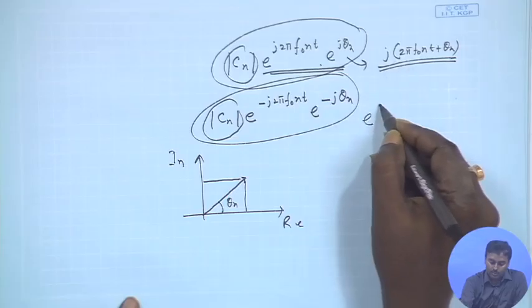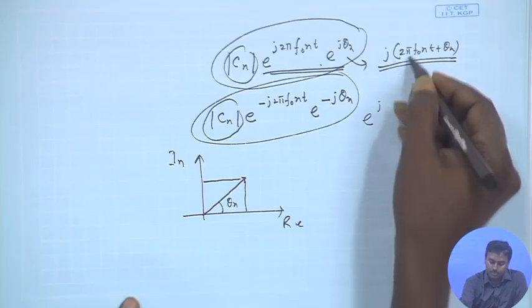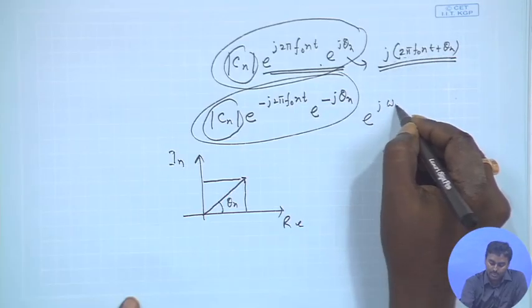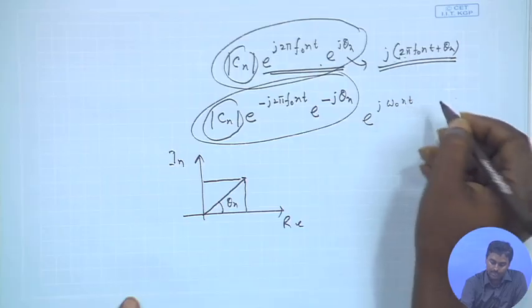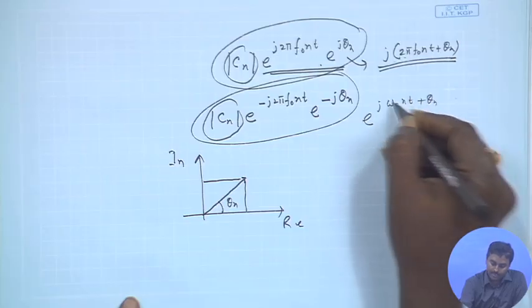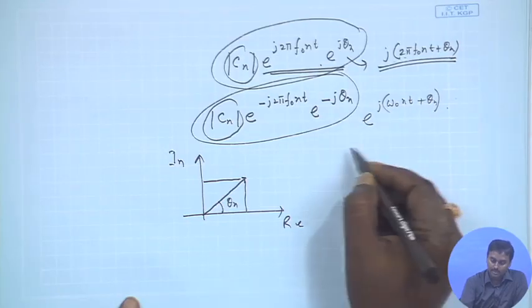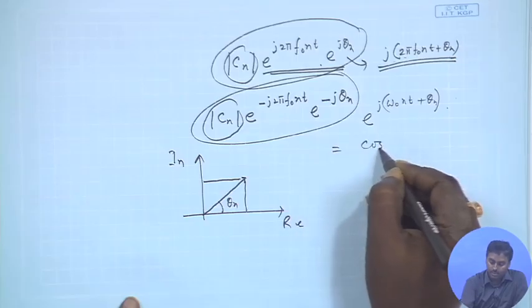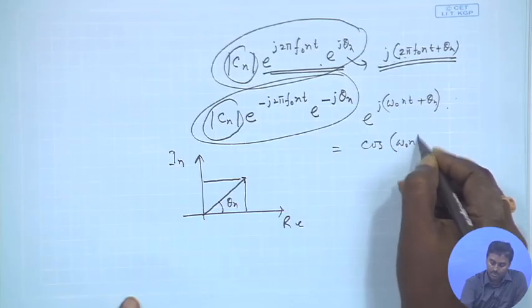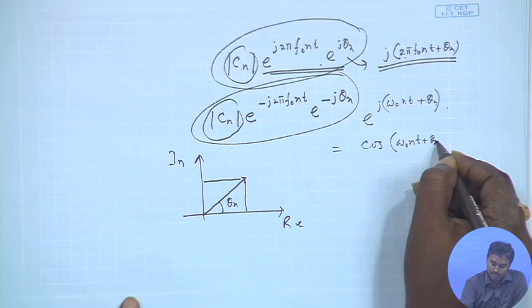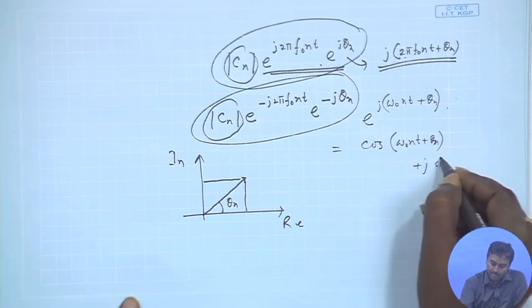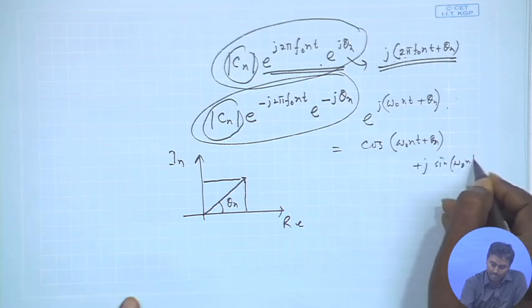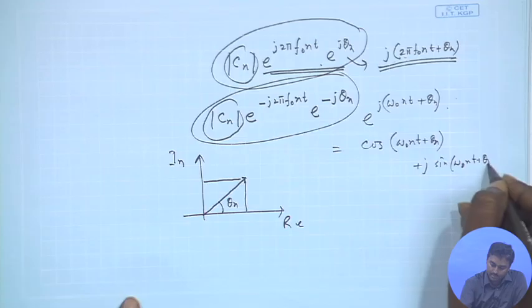Putting 2 pi f0 as omega 0, what does e to the power j (omega 0 nt plus theta n) mean? It is cos(omega 0 nt plus theta n) plus j sin(omega 0 nt plus theta n).